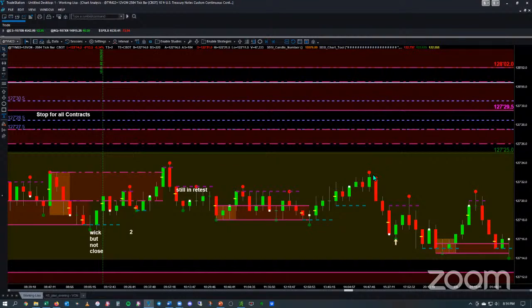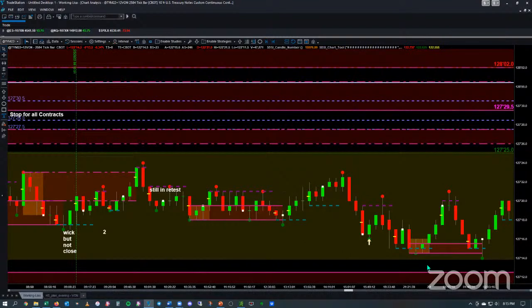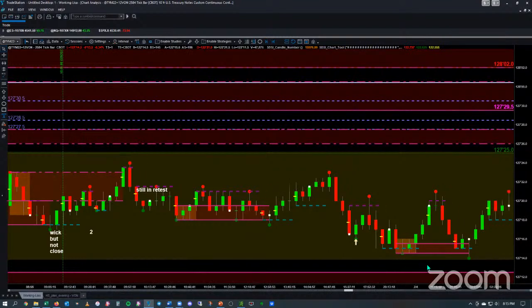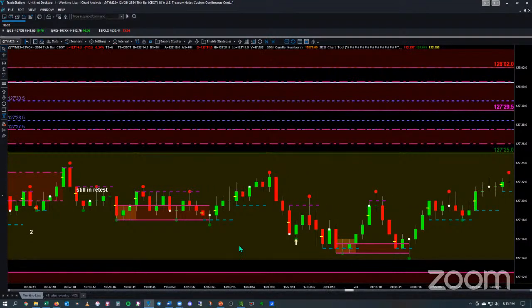So the indicator's just helping me see the bases and the swings, so I can test the theory and see, is this a good thing or not? And so now we have our 2 contracts. Let me just tighten this up a little bit.